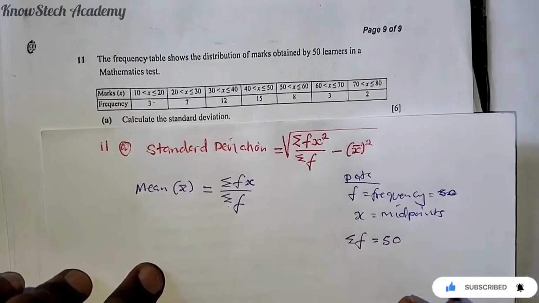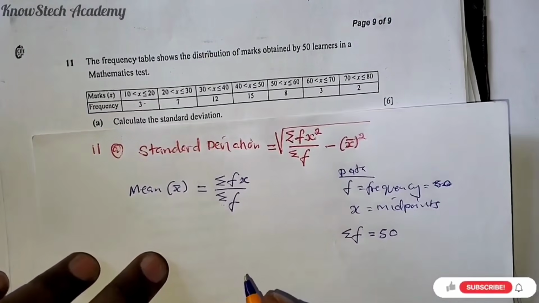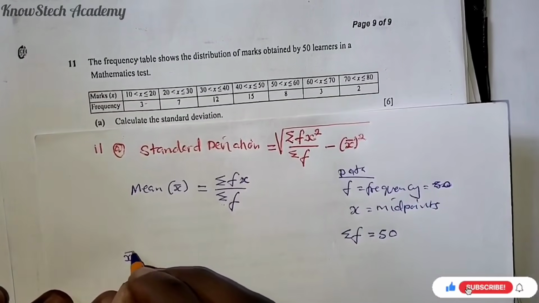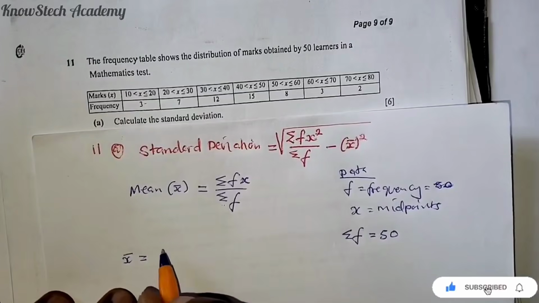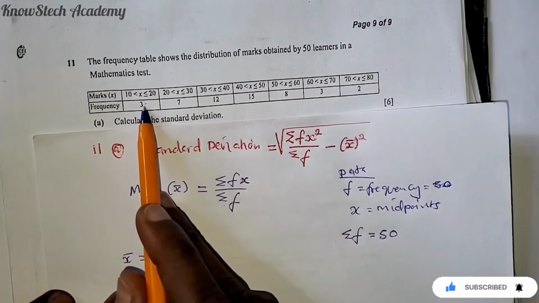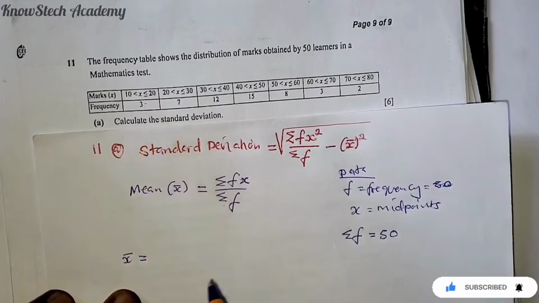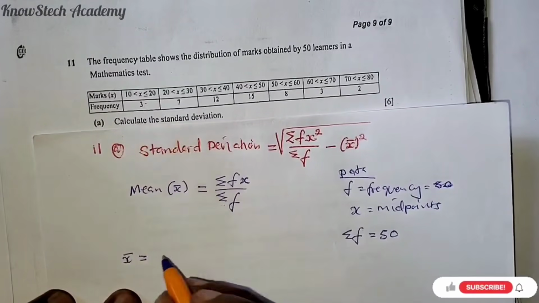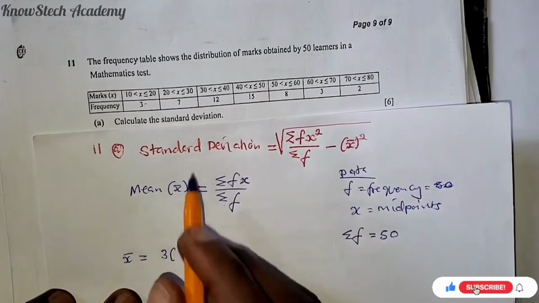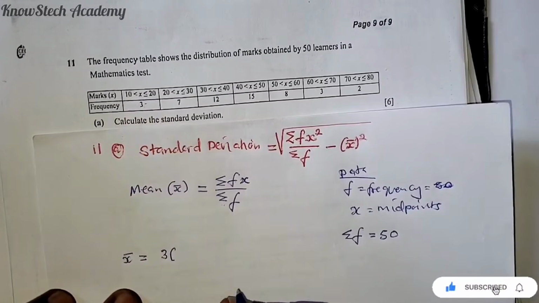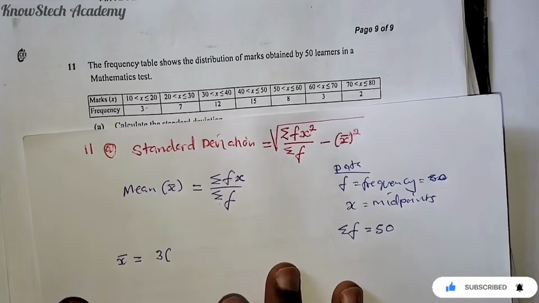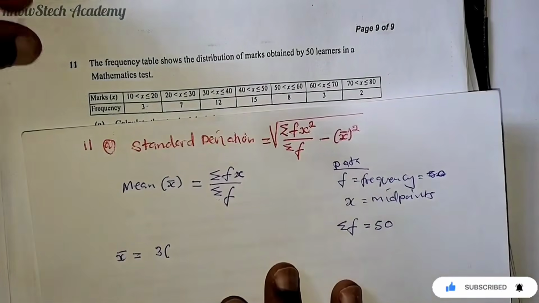Now let's begin. Using this formula, x bar is equal to the mean. The frequency here, which is f, is 3 multiplied by the midpoint. I usually tell students to write it like this so that you don't make mistakes.